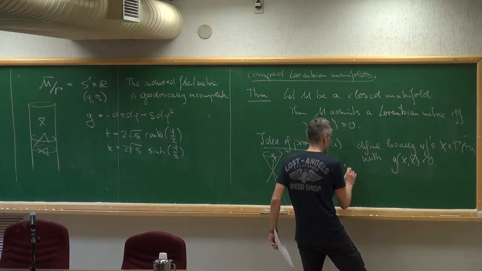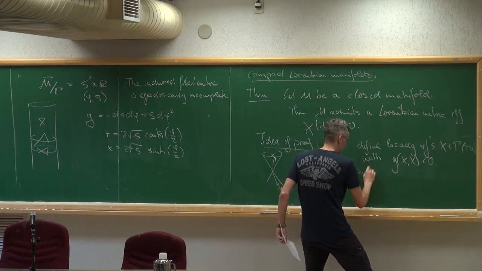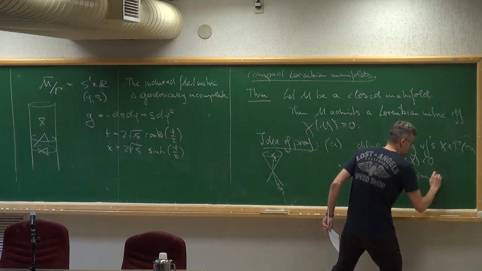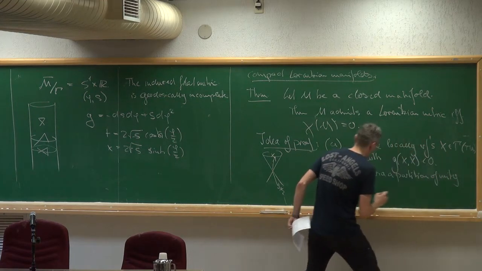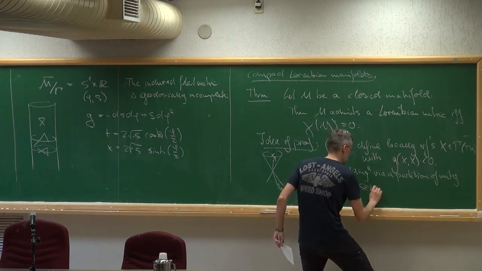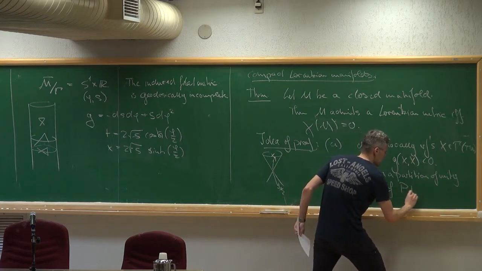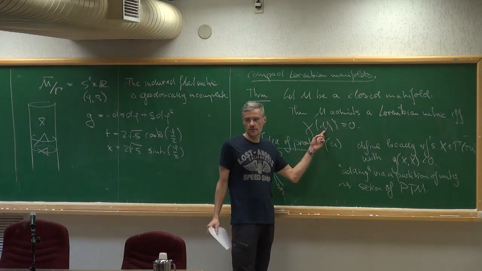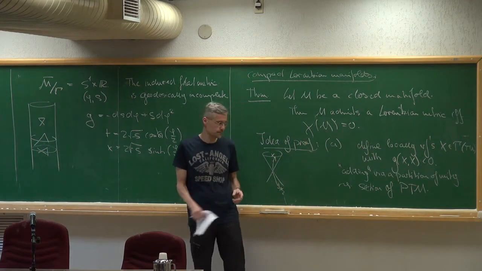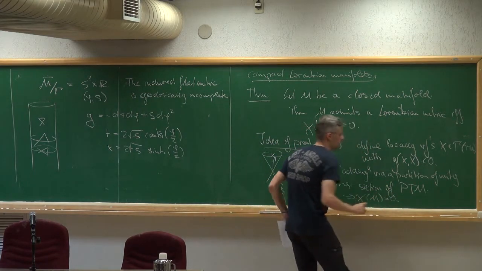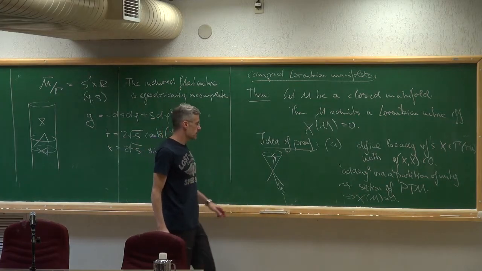Gluing or adding via a partition of unity yields a section of the projective tangent bundle. And that is known to be equivalent to the vanishing of the Euler characteristic.